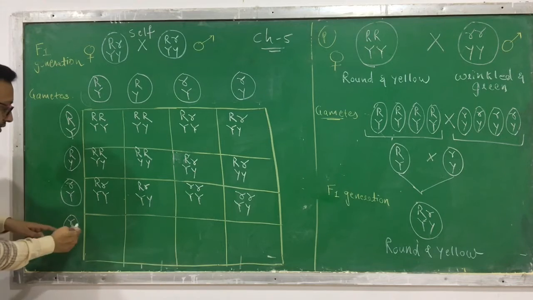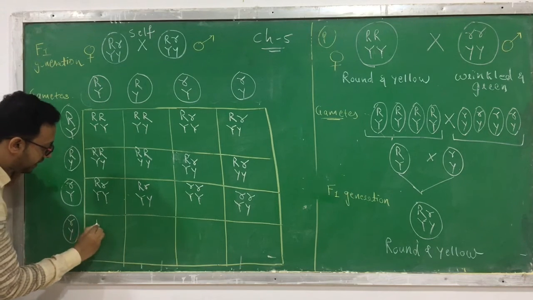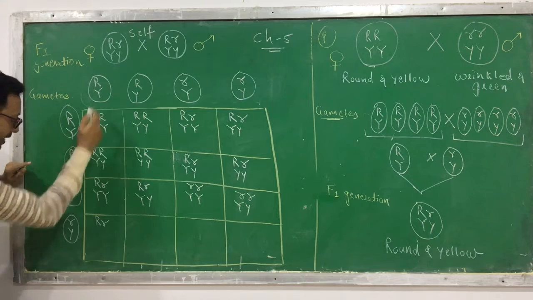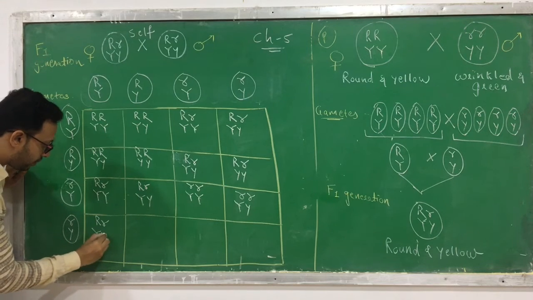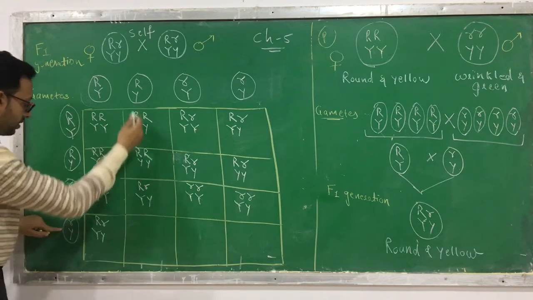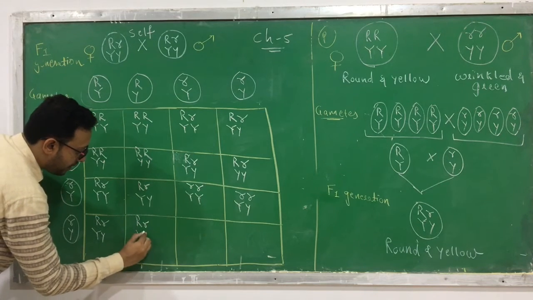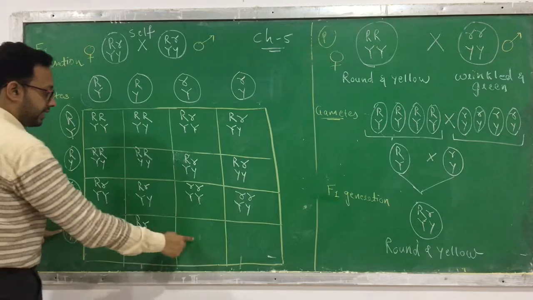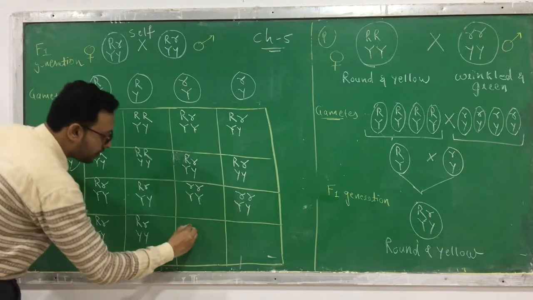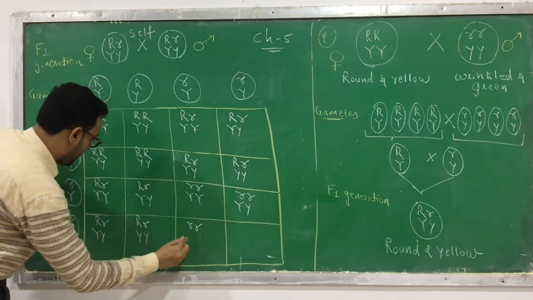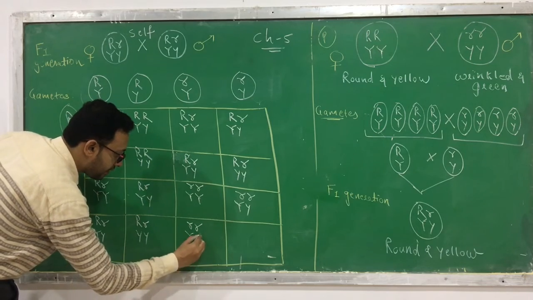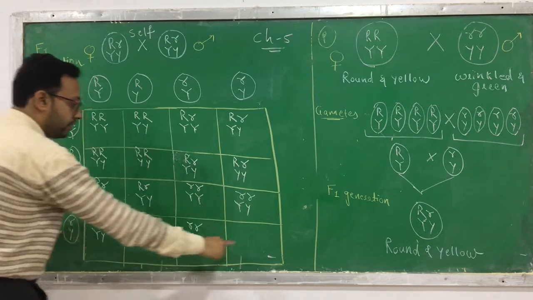Next go, carry on. Say, capital R, capital Y, small y. Now go in this direction. Capital R, small y, small y. Like this row, this column. Small r, capital Y, small y. Now go in this.